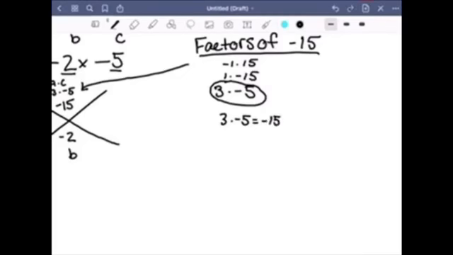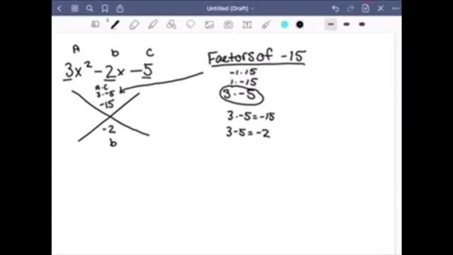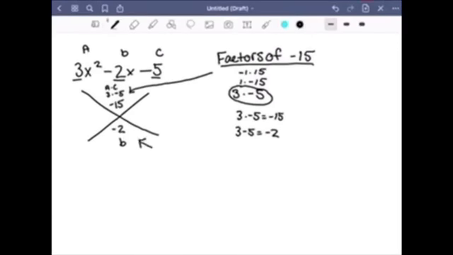But 3 minus 5 is also negative 2. So those negative 15 and negative 2 are pretty similar to what we have in our x. And if you get what you have in your x, you know you're on the right track.